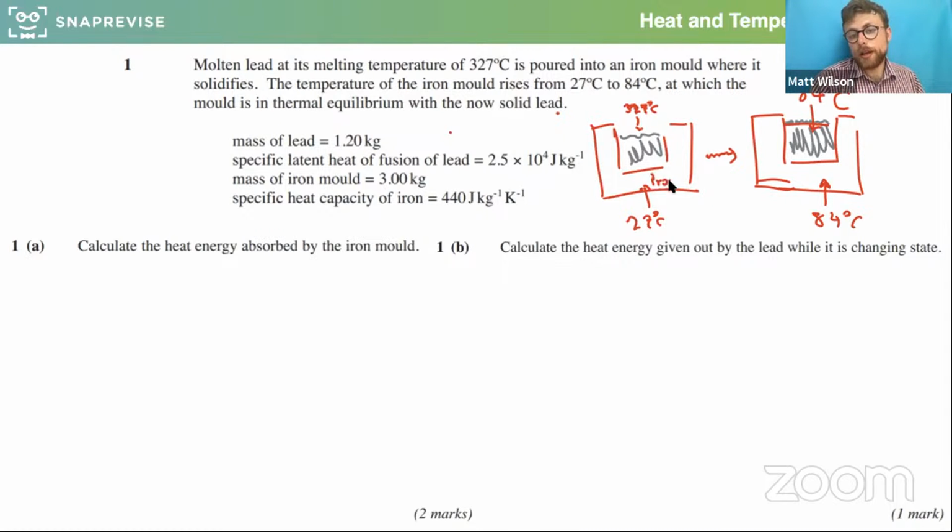So this is the iron, this is the lead. How can we calculate the heat energy absorbed by the iron mold here? What formula could we use? We know that the temperature of the iron changed, and we know how much by. So which formula should we use?